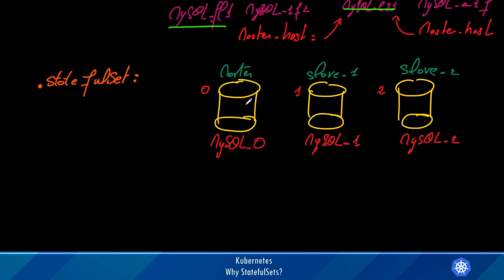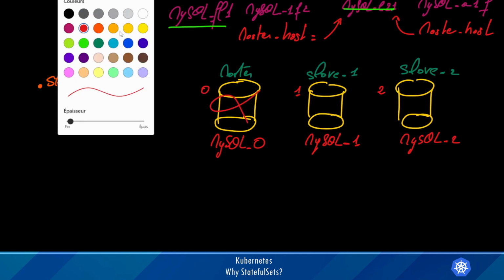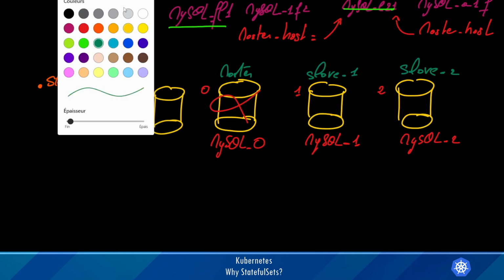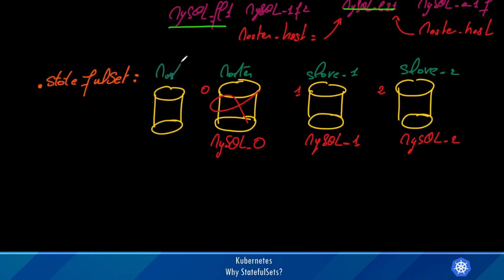And if the master, for example, goes down, the stateful set will create a new pod, which will be the master, and will assign to it the same name as the first master.